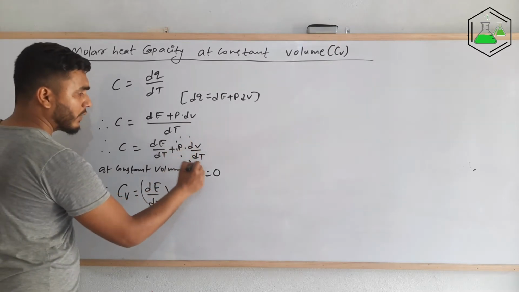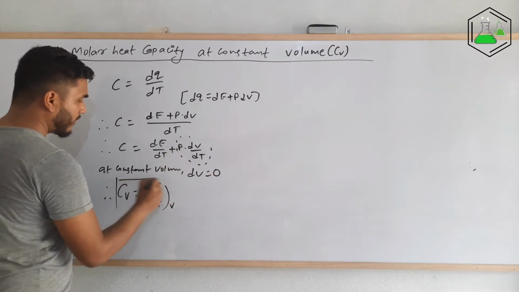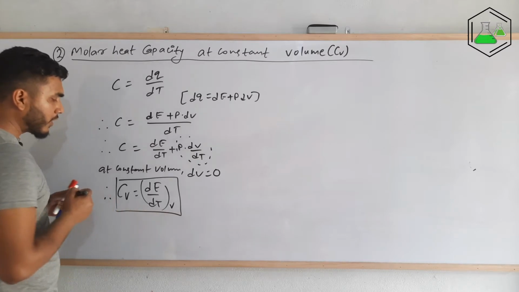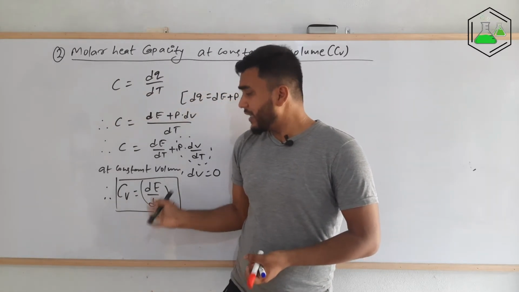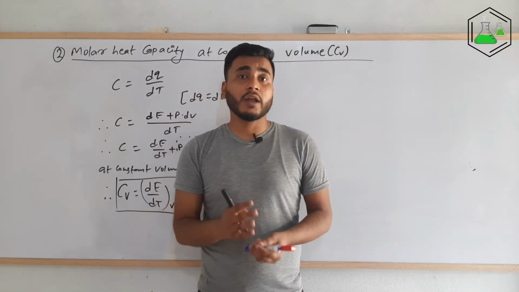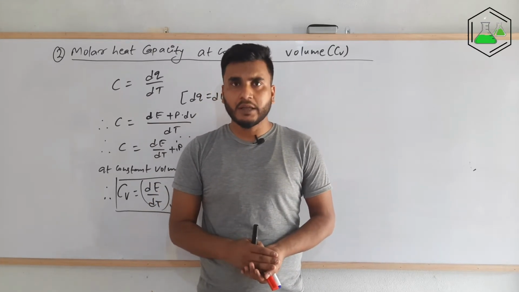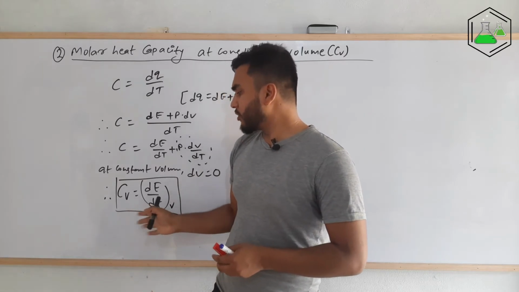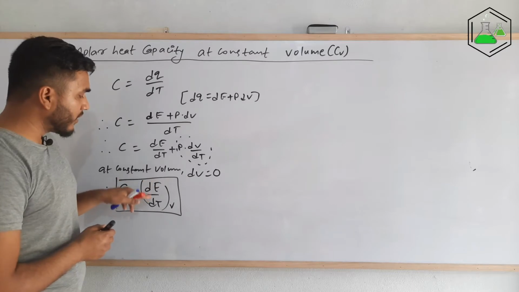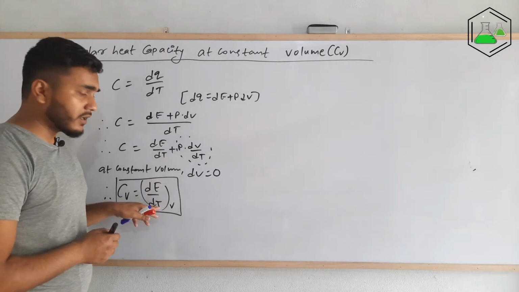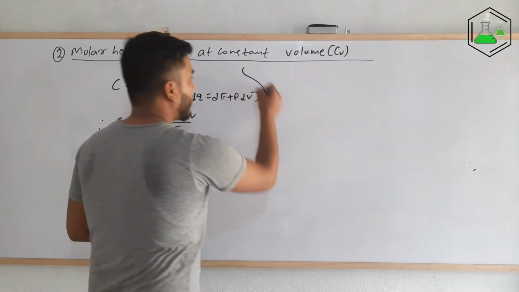Because this whole value will become 0, and this is the required expression for molar heat capacity at constant volume. It is actually easier to find out as compared to molar heat capacity at constant pressure. That means molar heat capacity at constant volume is equal to the change in internal energy with respect to temperature at constant volume. Let me write that.